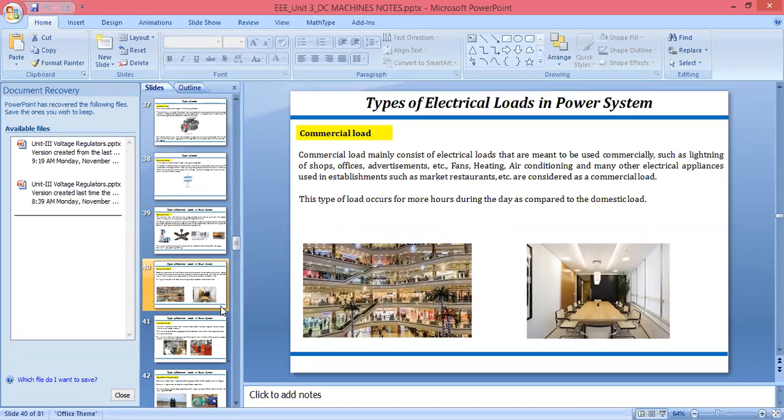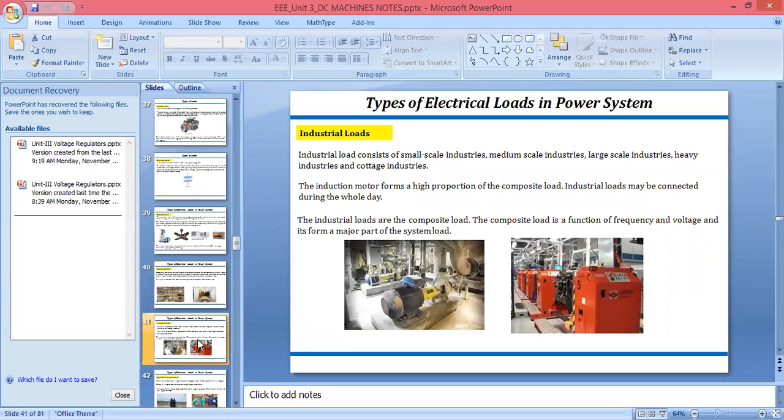Now we can see the industrial. Industrial load consists of small scale industries, medium scale industries, large scale industries, heavy large scale industries, and cottage industry. So when we are supposed to use electrical energy at the industrial level, at that time we can say these devices are the industrial load.